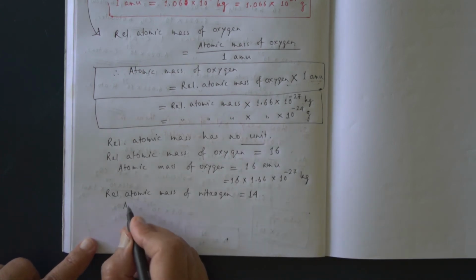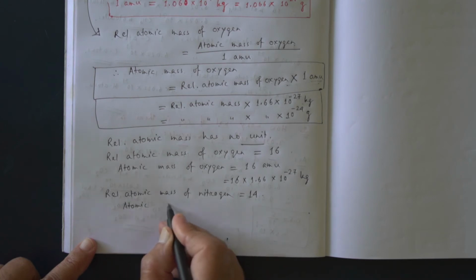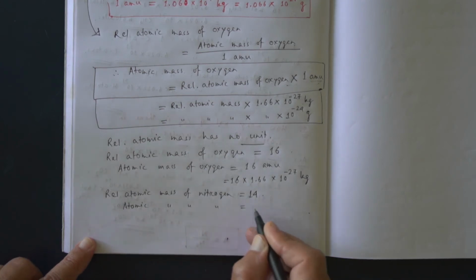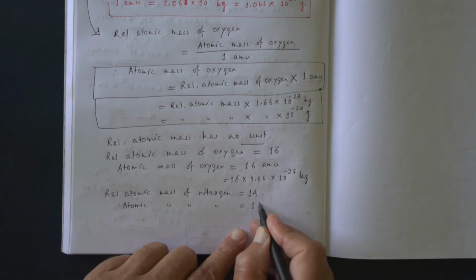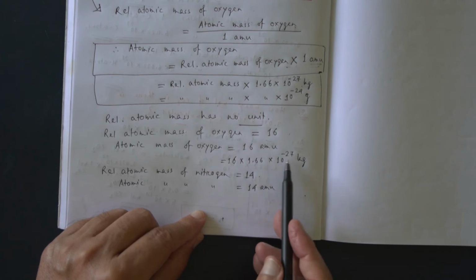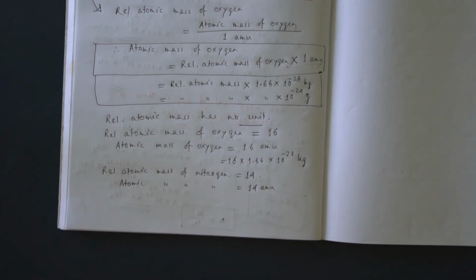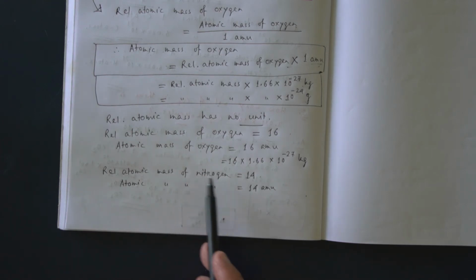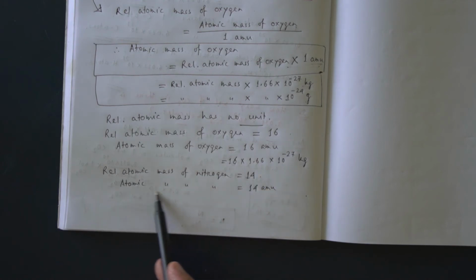But the atomic mass of nitrogen will be equal to 14 AMU, or 14 into this in kg or gram. So relative atomic mass has no unit, but atomic mass has a unit.